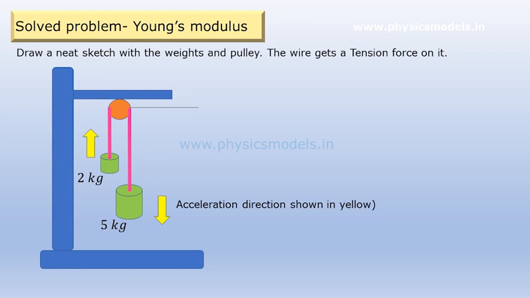Because there is a net force, you will see acceleration, and this concept is very important to solve this problem. So whenever we draw the pulley system with masses, we should draw the acceleration directions also along with the mass.